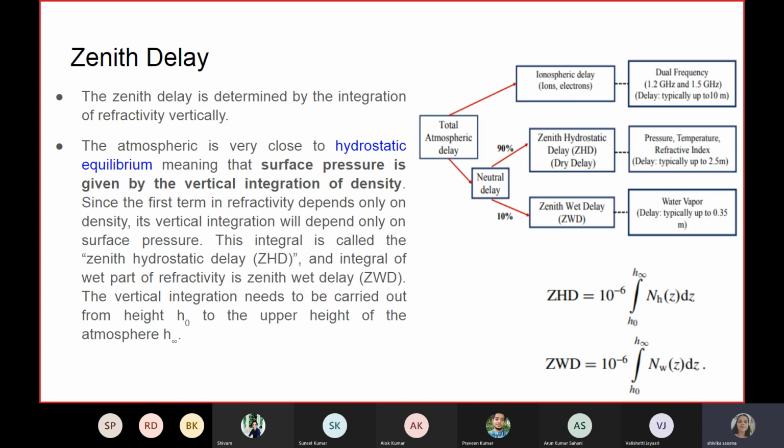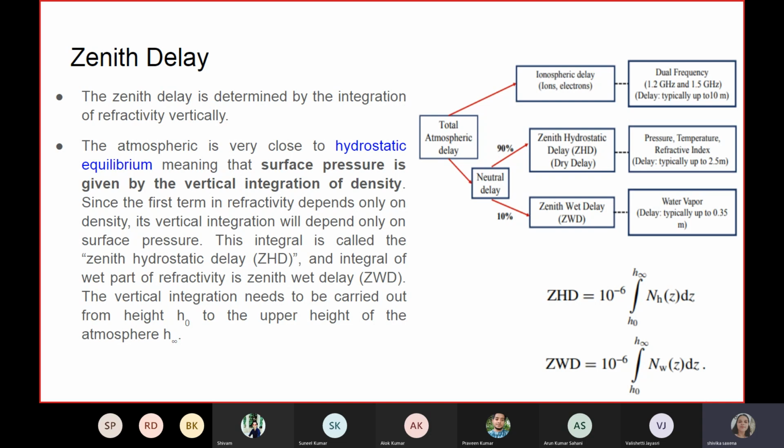Okay, so here on the right hand side you can get the whole delay picture. The total atmospheric delay is divided into ionospheric delay and neutrospheric delay, that is tropospheric delay. Ionospheric delay can be removed using dual frequency. We will see how that happens.